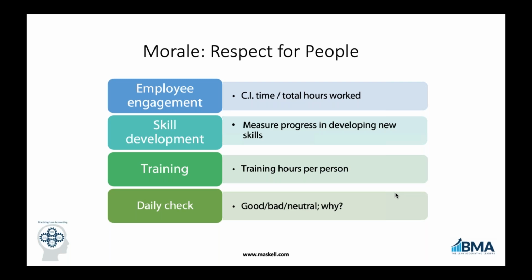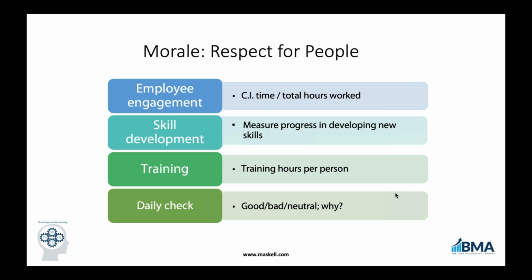We can look at engagement, and we can look at engagement lots of ways. Certainly most companies have employee engagement surveys. They do them annually, they do them quarterly, they have monthly questionnaires that go out. But let's look also at how we are engaging employees in continuous improvement.